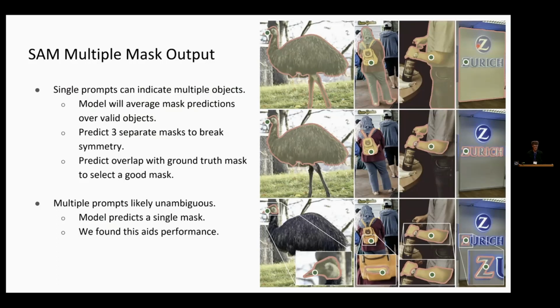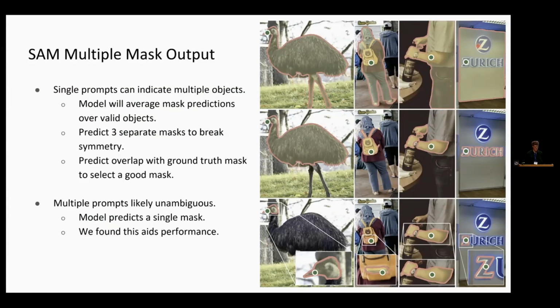And while any one of them is right, the average mask is wrong. So in order to break that symmetry, what we do is we return three separate masks, even if we only care about getting one valid one out of the other end. And even in the single best mask, this improves the quality significantly.